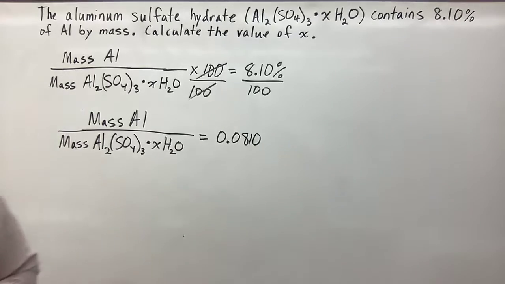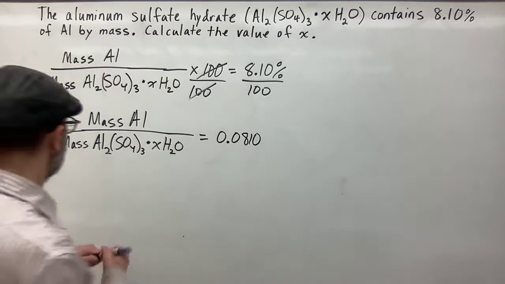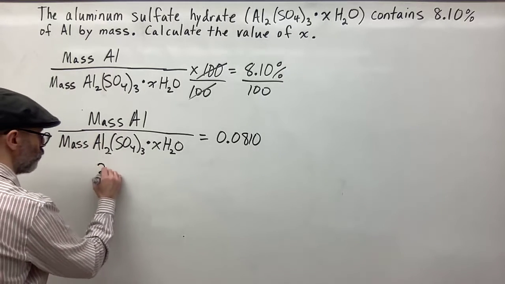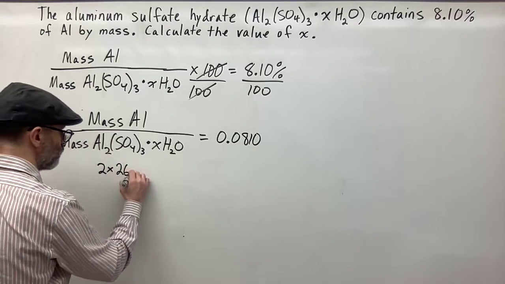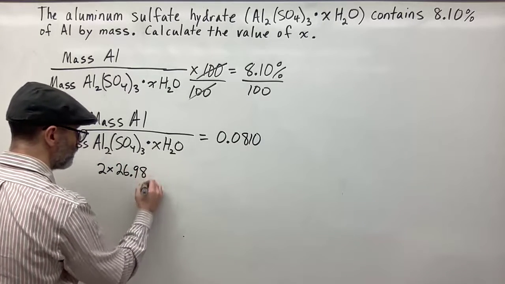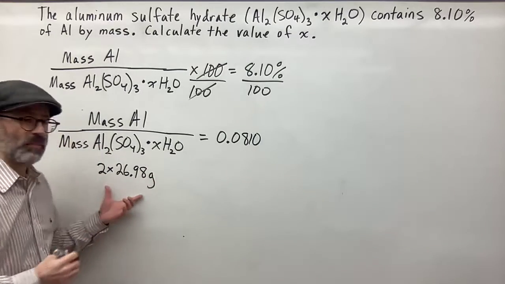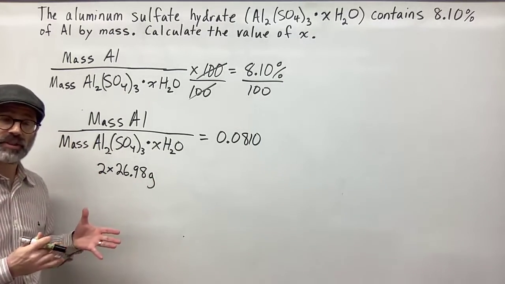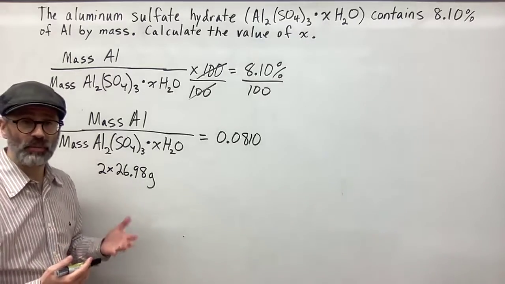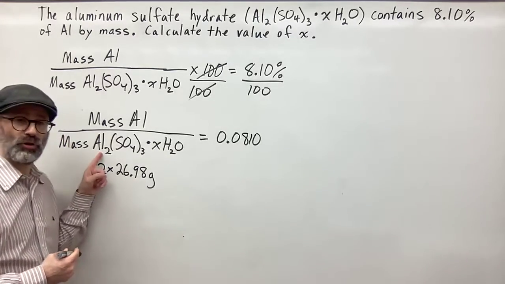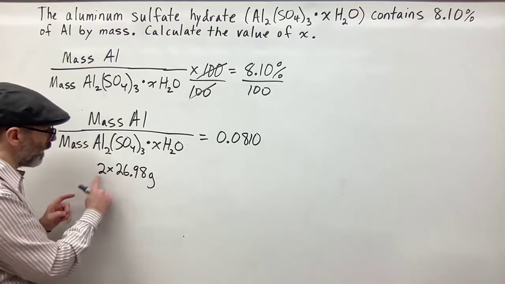So if I look up the molar mass of aluminum, that's going to be 26.98. But there's 2 of these, so it's going to be 2 times 26.98 grams. Why is it grams? Because I'm assuming 1 mole of this substance, and the molar mass of aluminum is 26.98. I have 2 aluminum atoms, so I'm multiplying that by 2.